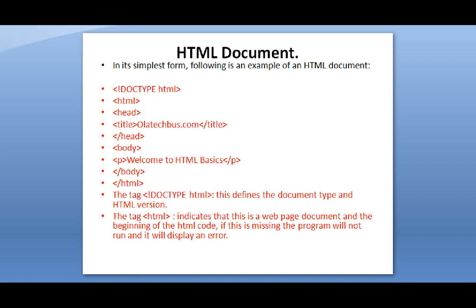The doctype tag defines the document type and HTML version, whether HTML5, HTML4, HTML3 or HTML2. The version tells the browser that I want the latest version. That's the doctype. The html tag indicates that this is a web page document and the beginning of the HTML code.